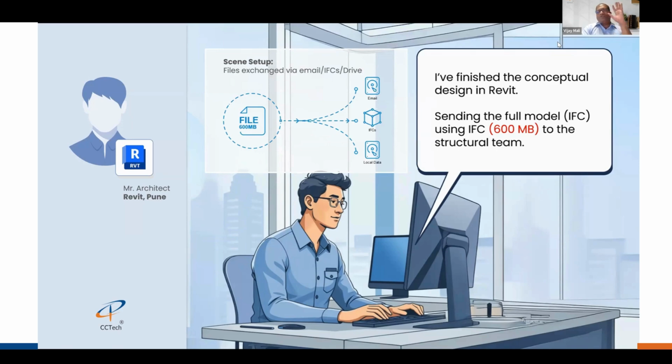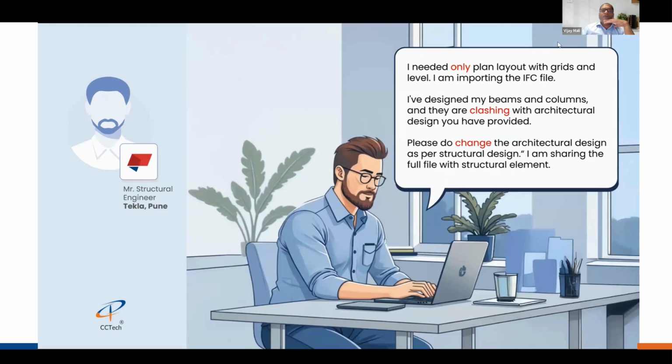And he is using available methods, either email or Google Drive or some sort of a shared drive, wherein he puts his file and the structural guy pulls that file for his further work. Typically the structural guy only wants a plan layout and grid level, but he needs to import the whole IFC file because that curation, that federation, is not available in the way the data is being shared with him.